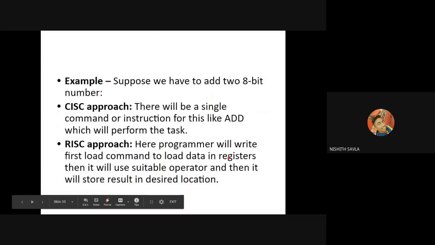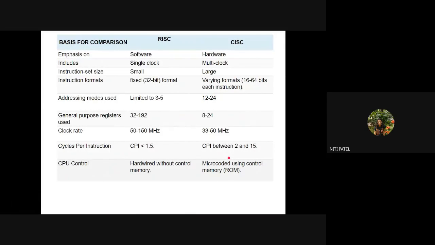Ma'am, but in this, we have to give the outputs, right? Yes, in each of them. Let it be any processor, in every processor we have to give the opcode and the operand. But the values of the opcode change from processor to processor. In 8085, if the load value is 00, then in 8086 the load value may change. So the mnemonic table changes from processor to processor. Okay. So ma'am, do we have to learn that mnemonic table by heart?